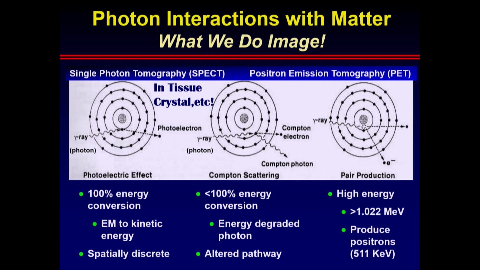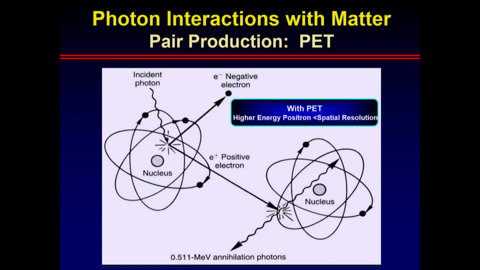And then with PET imaging, we have positron emissions, where obviously with all of our PET agents, we emit positrons, which are basically positive electrons, and those interact with negative electrons and cause annihilation, which then results in a very high energy 511 keV photon, which is obviously much higher than what we use in SPECT imaging, which is 140 keV, such as technetium.